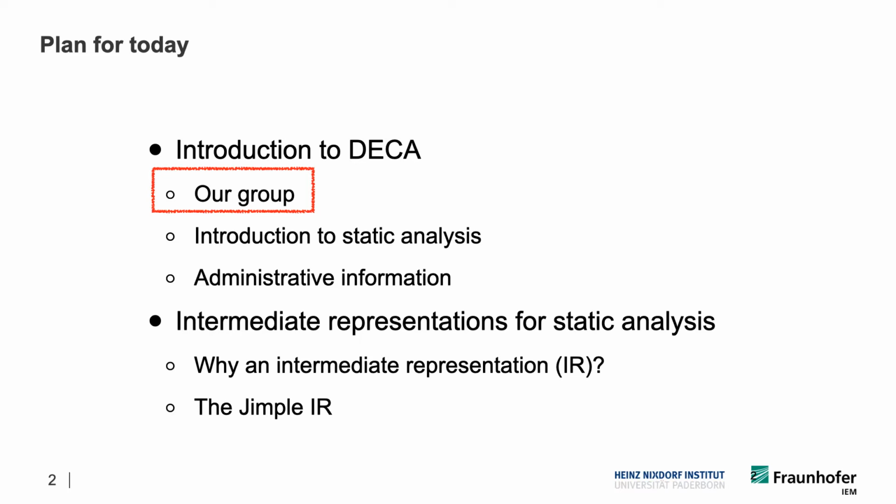And that is a representation that is very frequently used for static program analysis because that has a lot of advantages. And it's a very basic concept that we will be requiring throughout the rest of the course. So I will be covering this week as well.